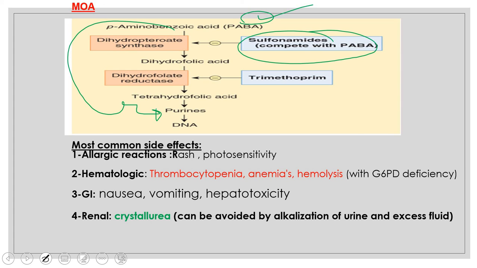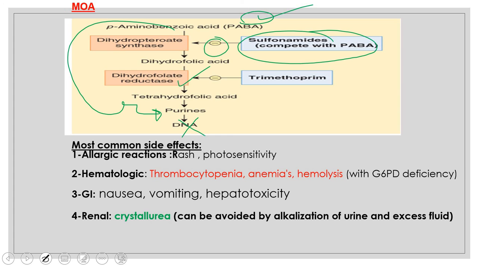So sulfonamides will inhibit the dihydropteroate synthase enzyme. Dihydrofolic acid will not be formed, and trimethoprim will act at the reductase enzyme and inhibit that, and tetrahydrofolic acid will not be formed. So this is a synergistic effect, and the DNA synthesis of the susceptible strain of the microorganism will be inhibited.